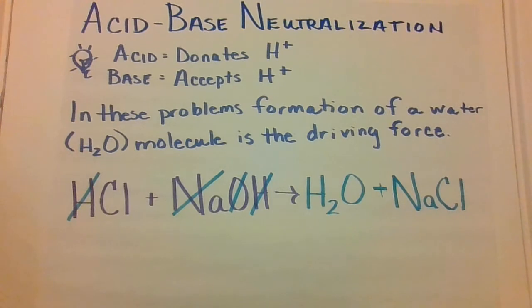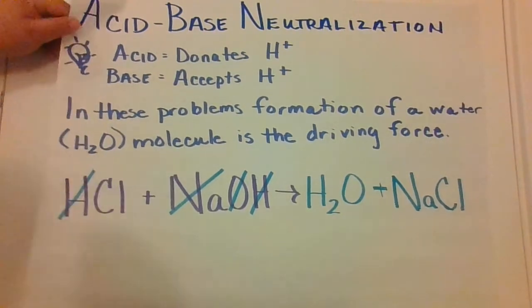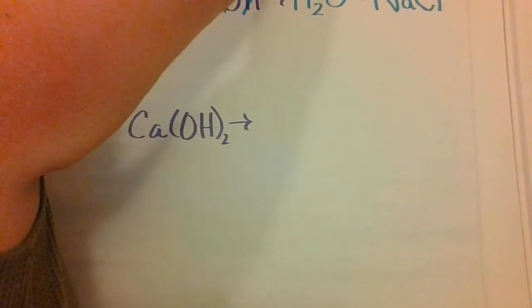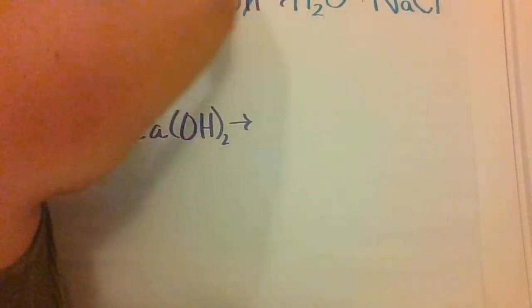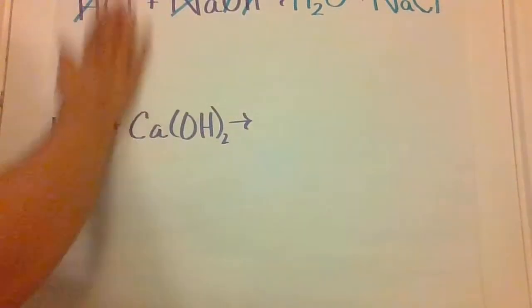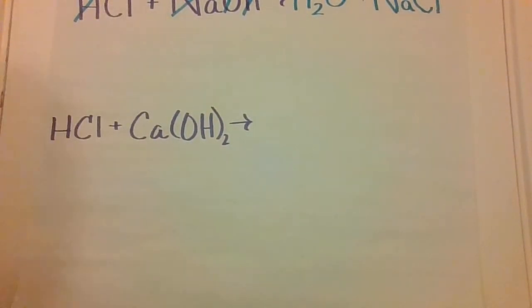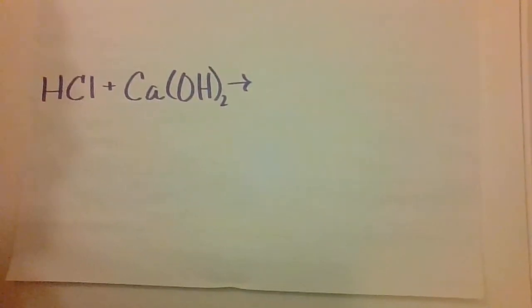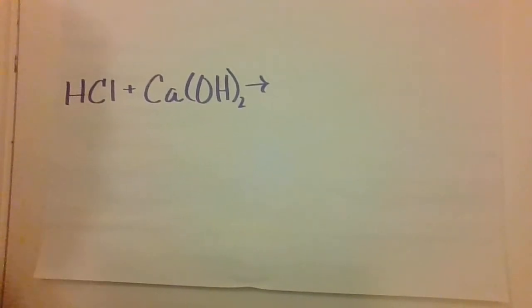All right, so now let's take a look, and we're going to go a little deeper because they're not always that straightforward. And that is why I mentioned to you the rules of naming. Because here we have another chemical equation, HCl plus CaOH2.